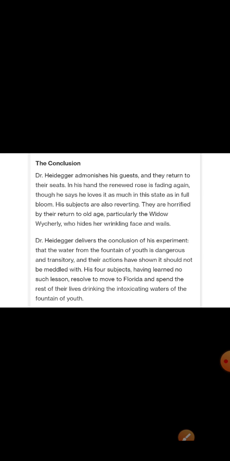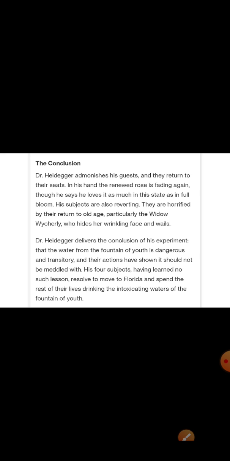Dr. Heidegger has guessed it, and they return to their seats. In his hand, the renewed rose is fading again, though he says he loves it as much as it stays in full bloom. His subjects are also reverting. They are horrified by their return to old age, particularly the widow, who hides her wrinkled face and wails.